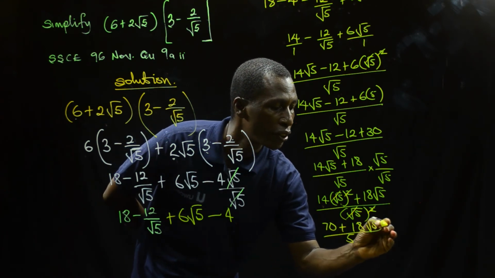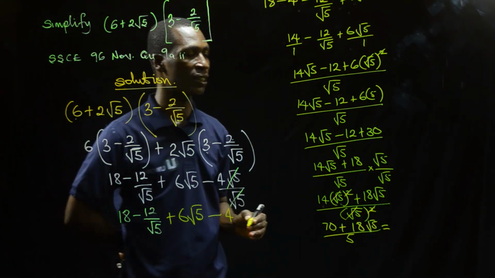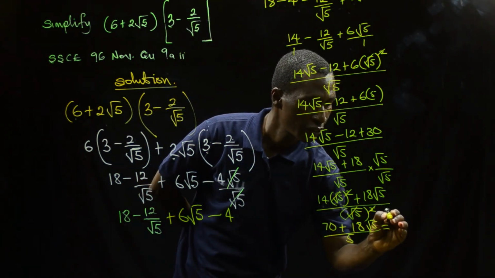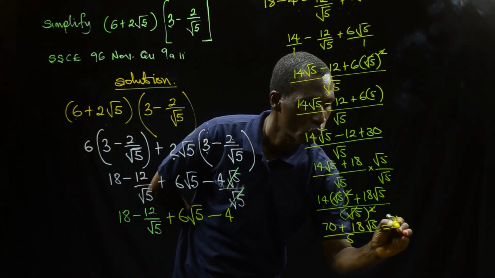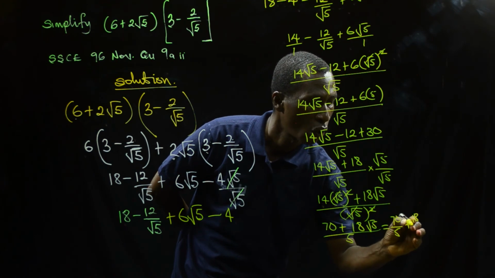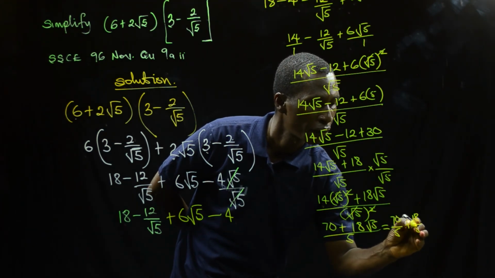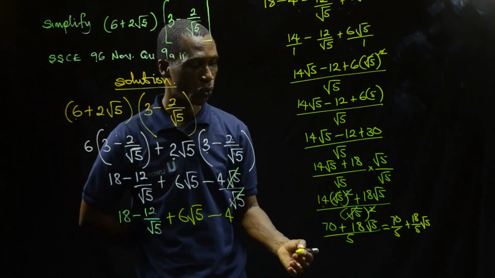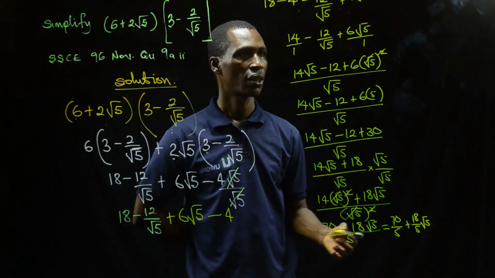So you expand this thing a little bit to get 70 over 5 plus 18 root 5 over 5. Good. Just trying to finalize it.